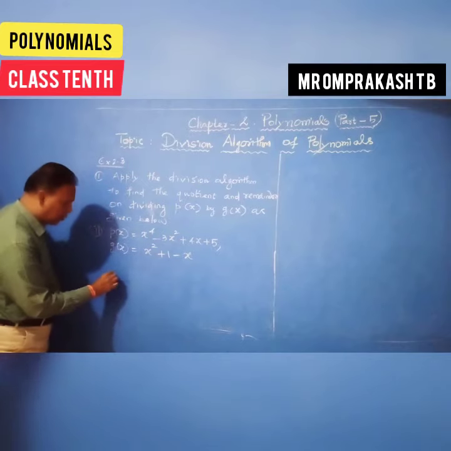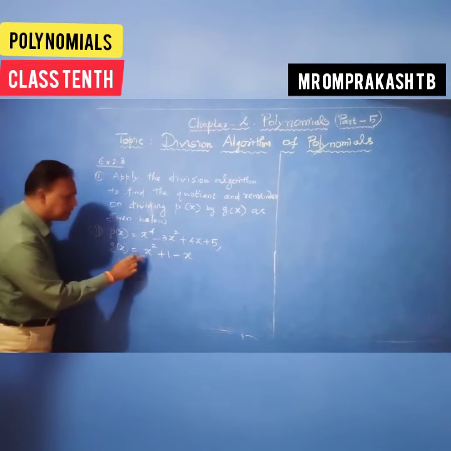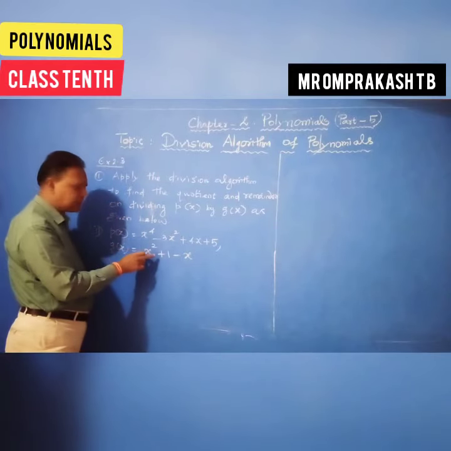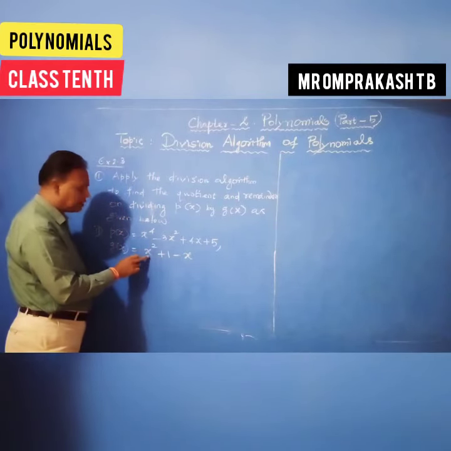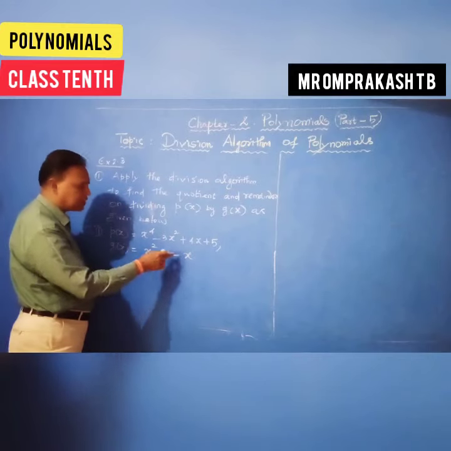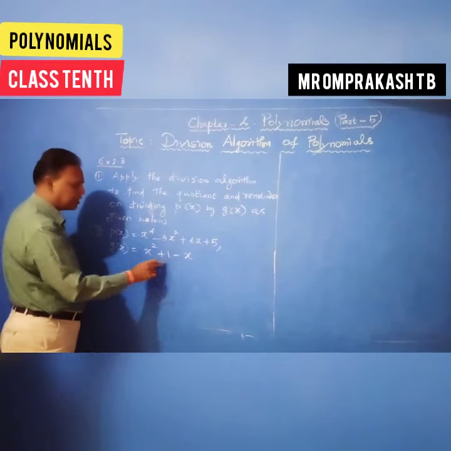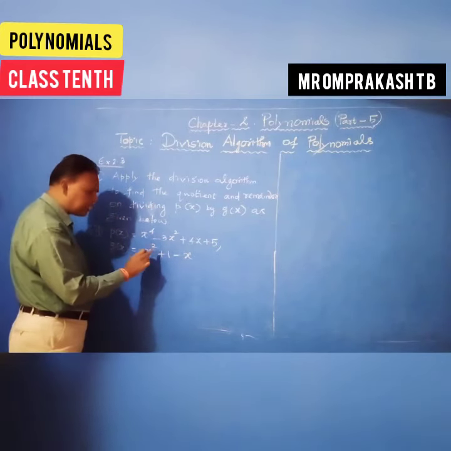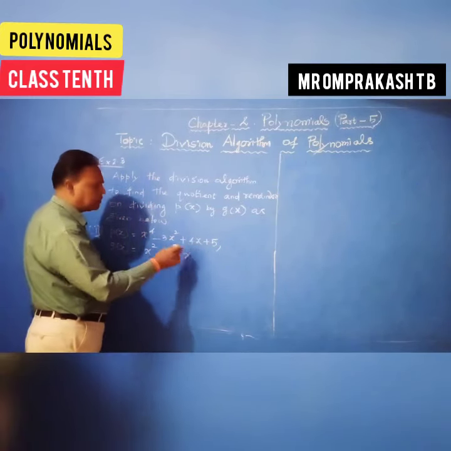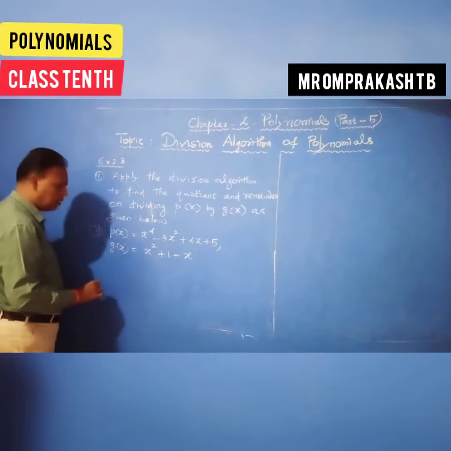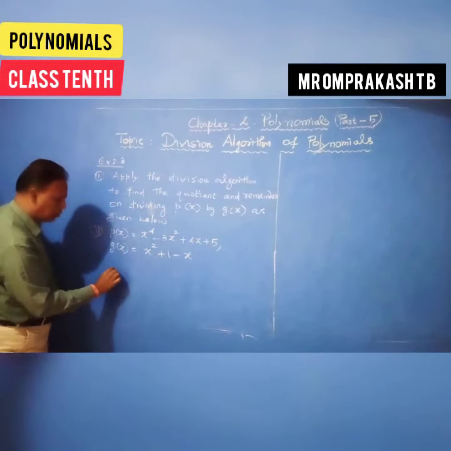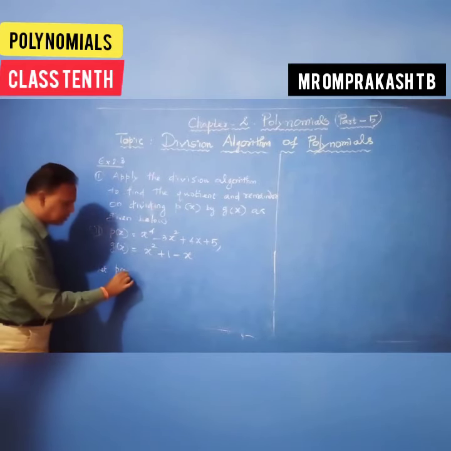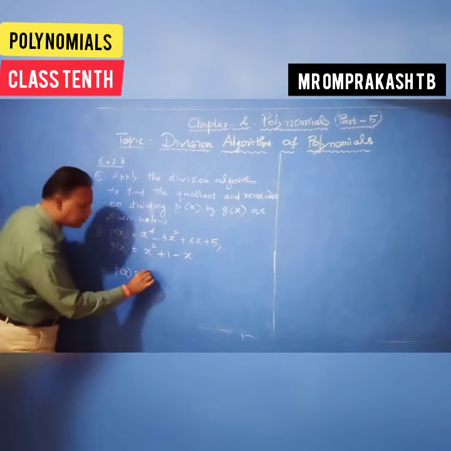Now you have to see this second polynomial is not in the standard form. First you have to write it in the standard form. Clear? So here, x squared minus x plus 1. That is, first write the x squared term, then the x term, then the constant term. So let p of x be x power 4.